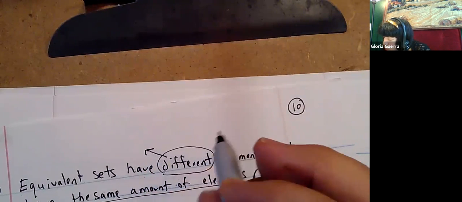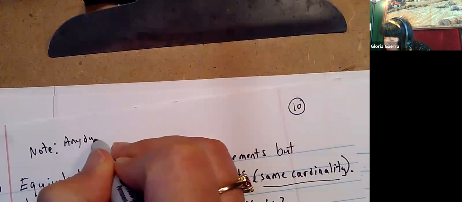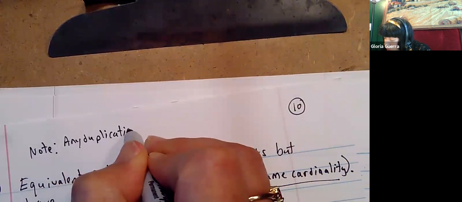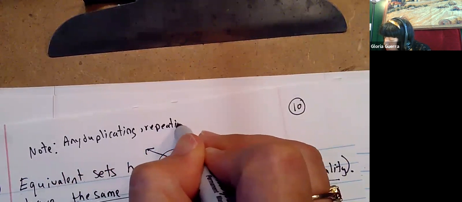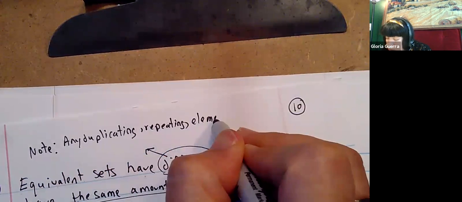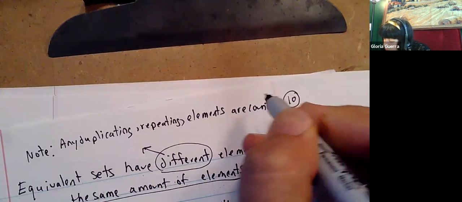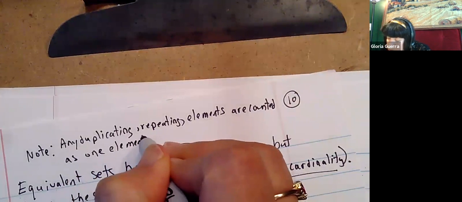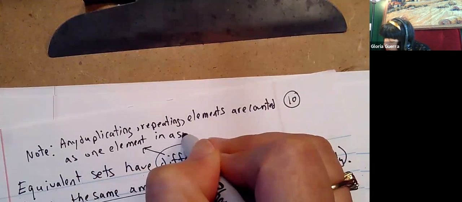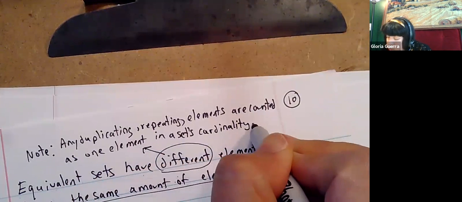So note that any duplicating, meaning repeating elements, those are going to just be counted as one element in a set's cardinality.